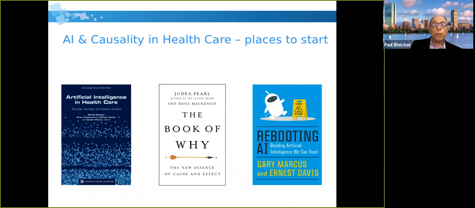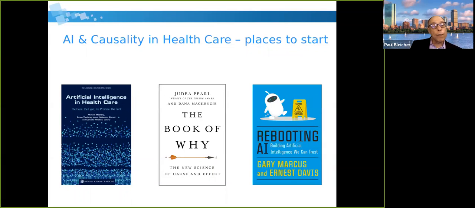So if you're interested in good places to start, there's a book, Rebooting AI, which will give you a layperson look at this. Judea Pearl's Book of Why actually incorporates a lot of causal thinking, but it's intended for lay audiences.